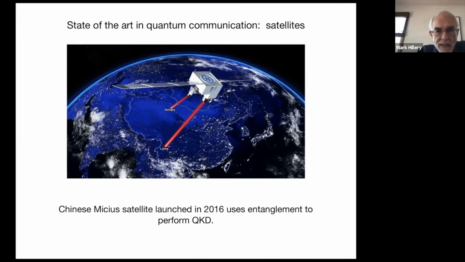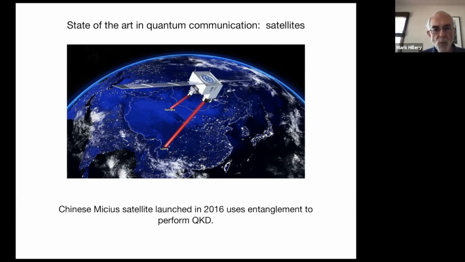I have no idea. Now, the state of the art in quantum communication is this satellite. So in 2016, China launched this satellite. Jianwei Pan is the person behind this in China. He is the big guru of quantum information in China. What the satellite does is it transmits entangled states that can be used for quantum communication.